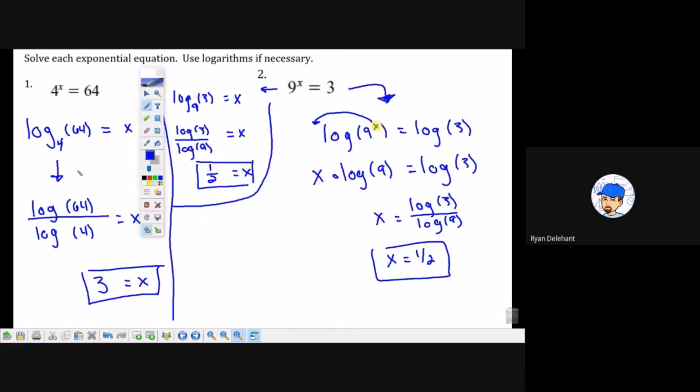I think we'll be fine for most of them with change of base, but it might not be bad to practice this way. And on top of that, a lot of the videos you've seen, anything you may search out on your own, will most likely solve them this way and not with change of base, because it's a little bit more powerful, a little bit more versatile, okay?